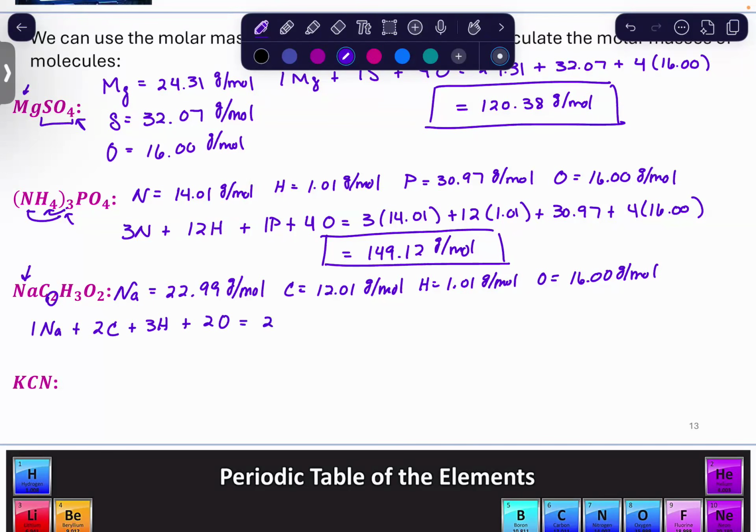So that's 22.99 for the sodium, 2 carbons at 12.01, 3 hydrogens at 1.01, and 2 oxygens, 2 times 16. So your sodium acetate is going to be 82.04 grams per mole.